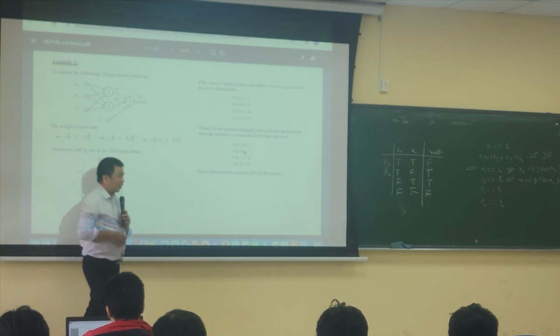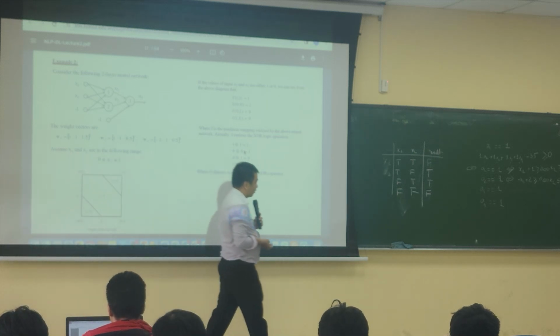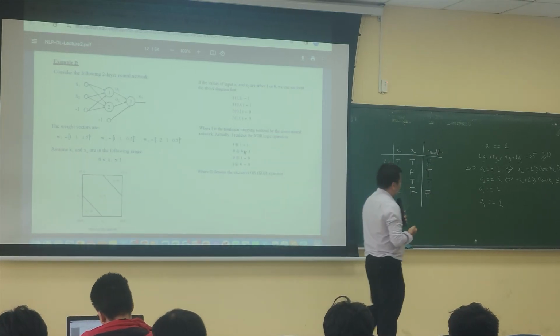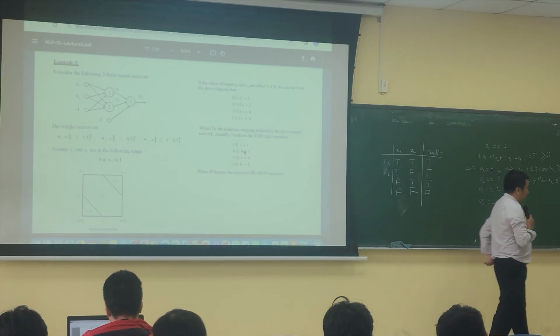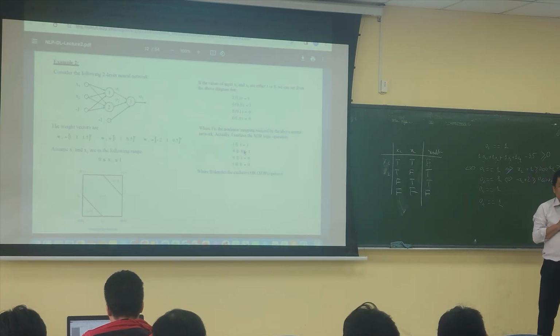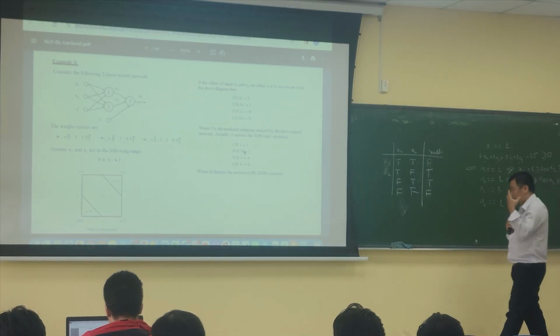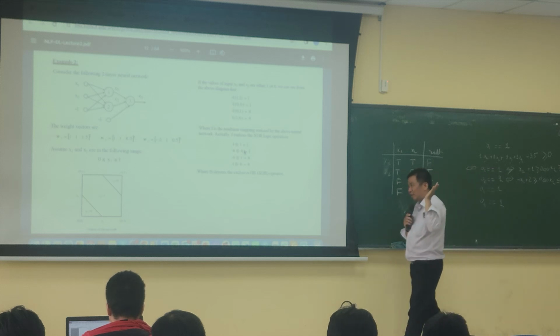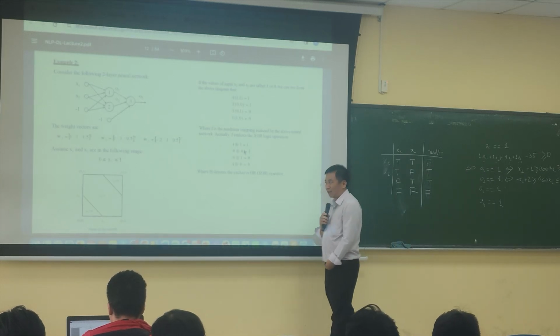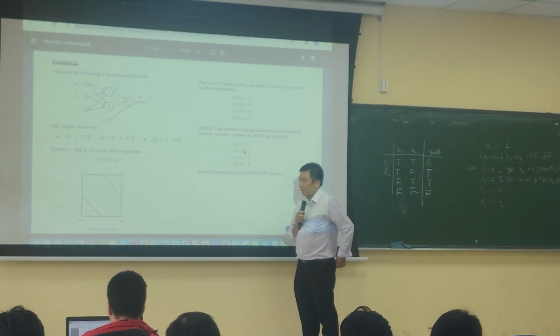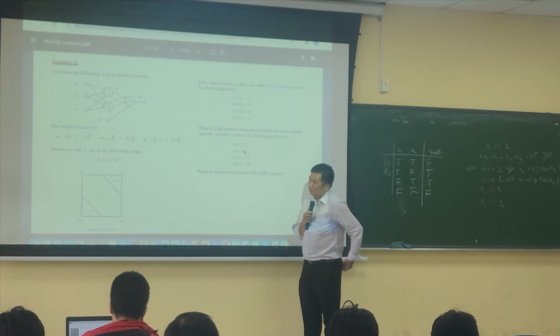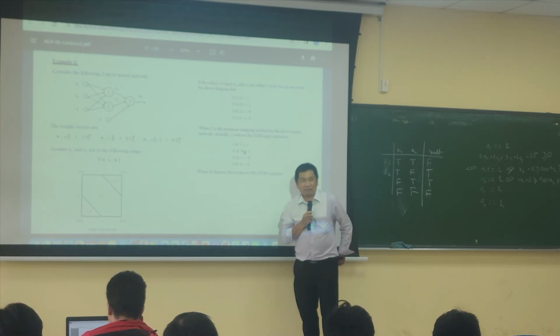But in a complicated case, for example the case of classification in the previous example we studied in the lecture of this lesson, how can we infer the weights? It's very hard.